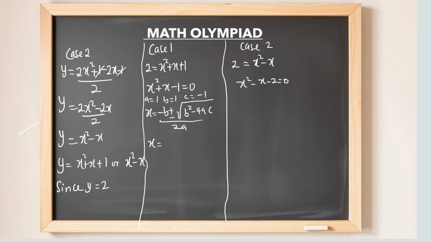So x is negative 1 plus or minus the square root of 1 minus 4 times 1 times negative 1, which is 1 plus 4, which is 5, over 2.